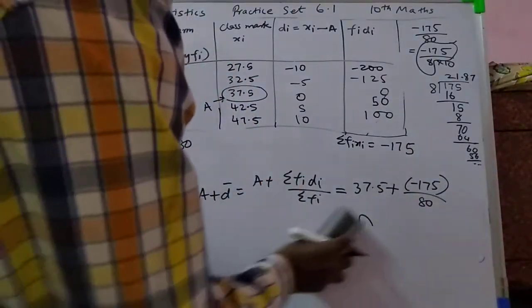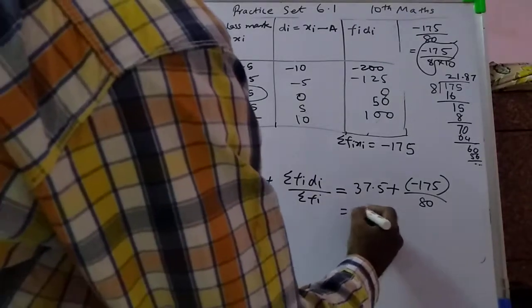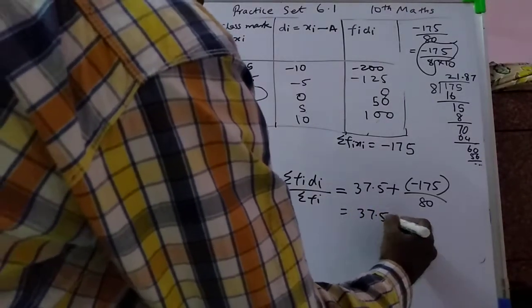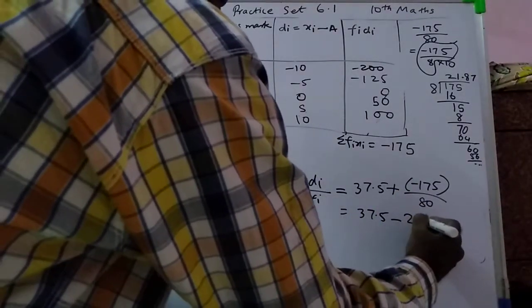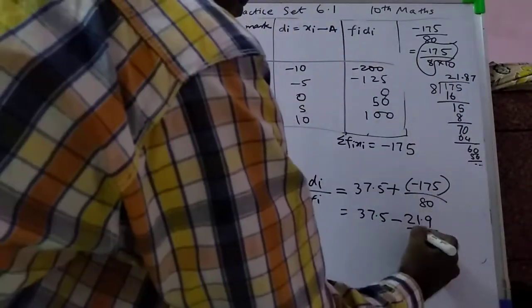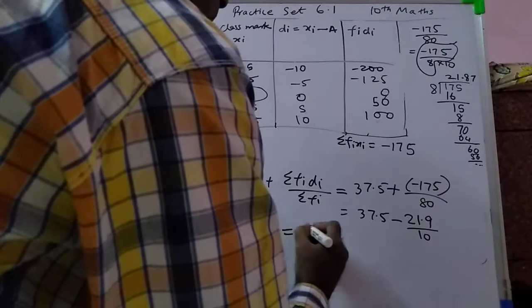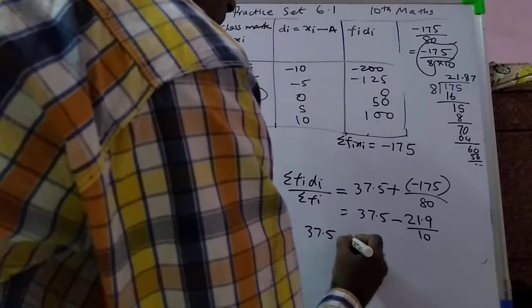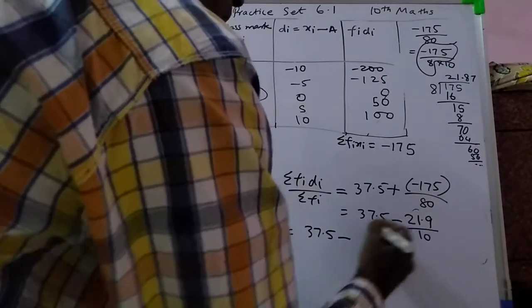We write it here: 37.5 plus minus 21.9 upon 10 remaining. So that will become 37.5 minus 2.19, the point goes this side.